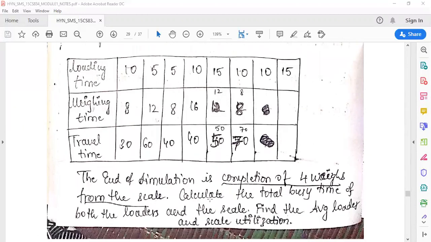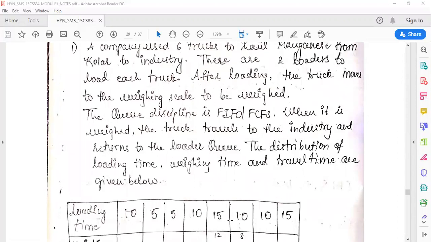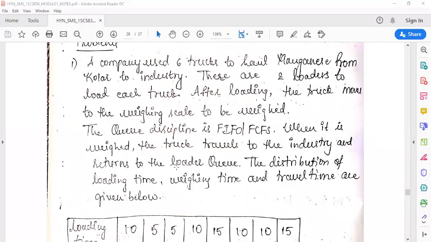The end of simulation will be specified as the completion of 4 weighs from the scale. That means till 4 trucks finish their weighing from the scale, we have to stop the simulation. Calculate the busy time of the loader and the scale, and find the average loader and scale utilization. In the last session, I told you about the formulas of loader and scale utilization.